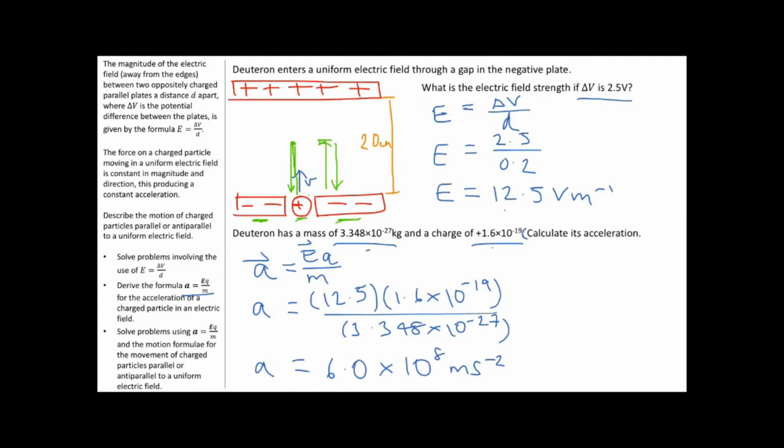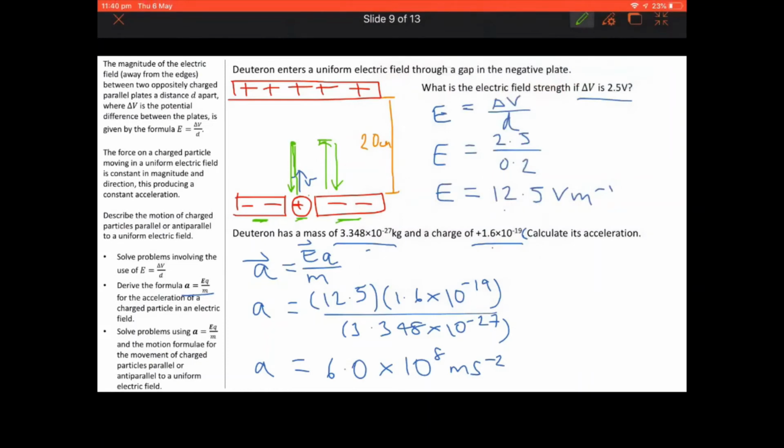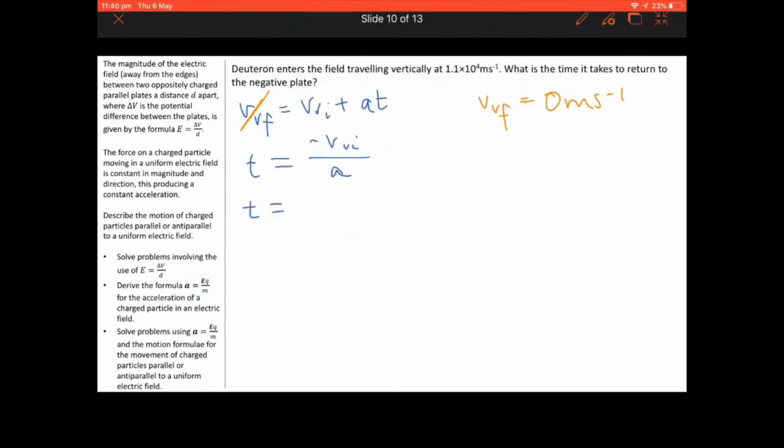So here we've just worked out the magnitude of the acceleration, but because it's entering with a velocity this way, and the force is acting in the opposite direction, this will be negative.